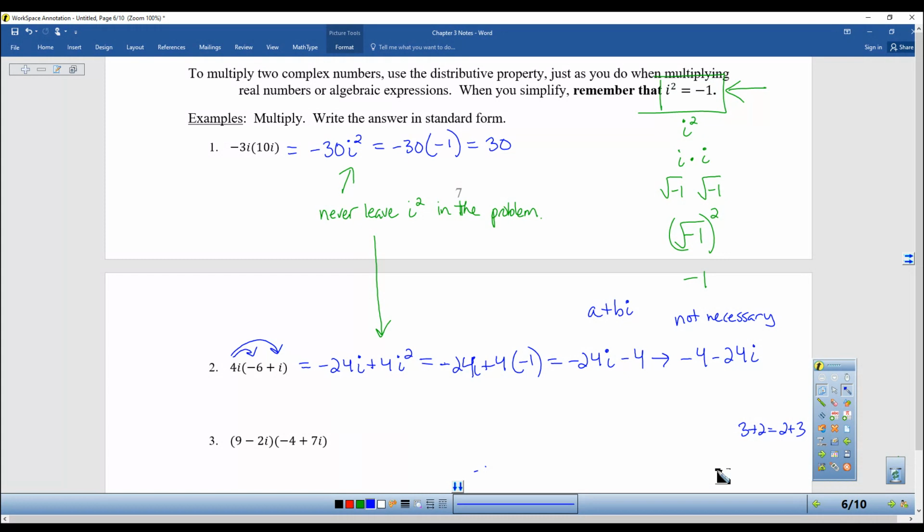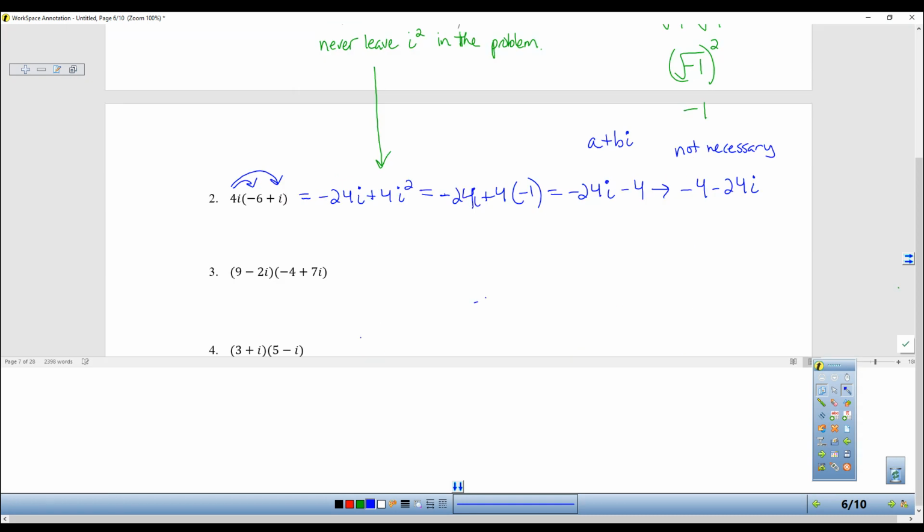I do like it when polynomials are in descending order. That's nice. You know, x squared, x, that's easier to read. But I think with i's, you really don't need to do that. But I want you to know that your book will always express the answer as a plus bi. And that's considered standard form.